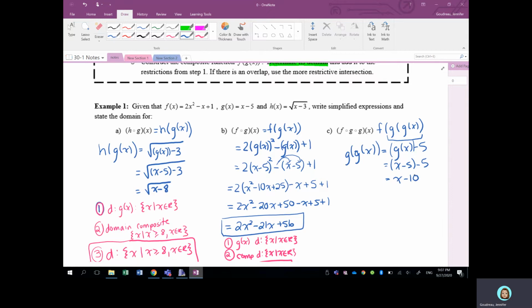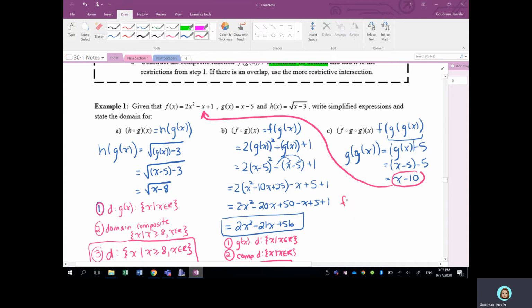And now that we've determined the inside function, we're going to take that one and substitute it into f at x. We found g at x. Now we're going to evaluate f at g at x. So just like in the previous example, that means it's being substituted into both places where the x is.